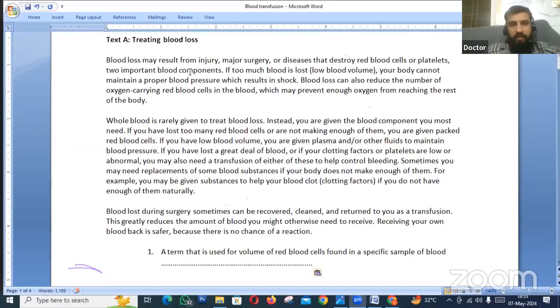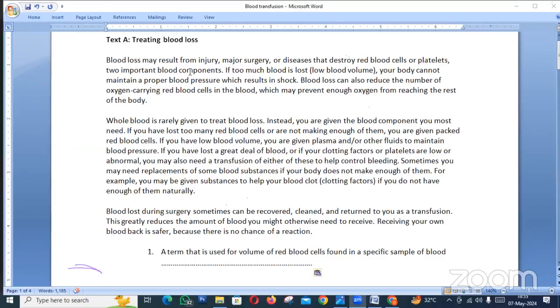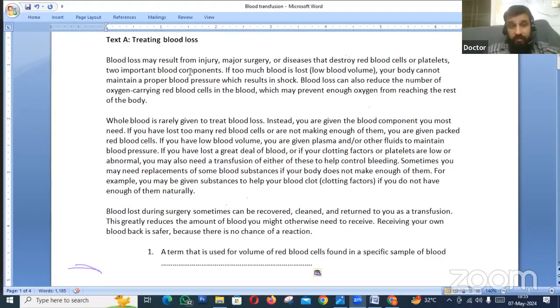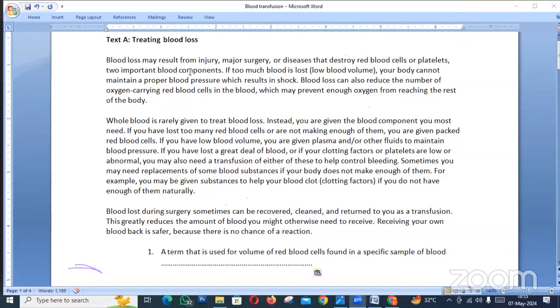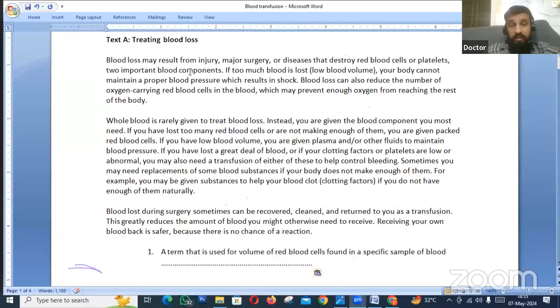Are you a doctor or a nurse? Sir, nurse. Very good. Okay, so what is your answer? Packed red blood cells. In which line, which paragraph?